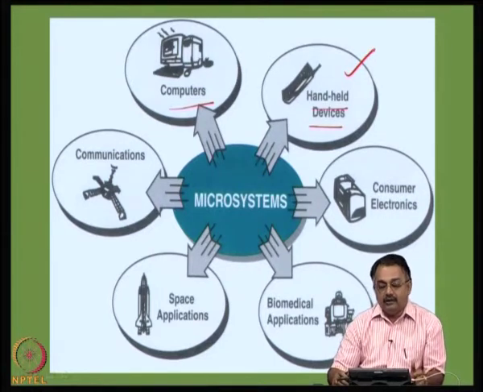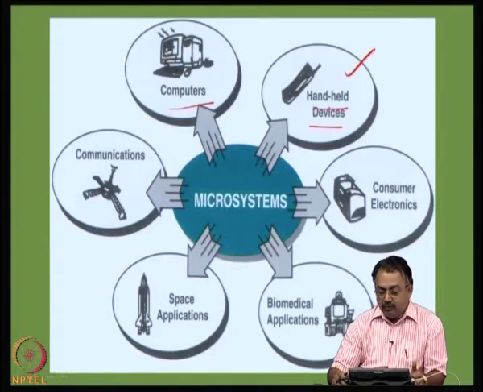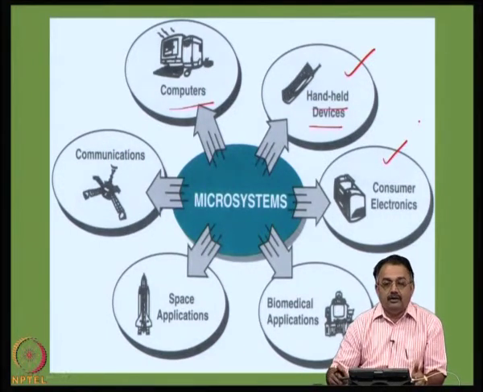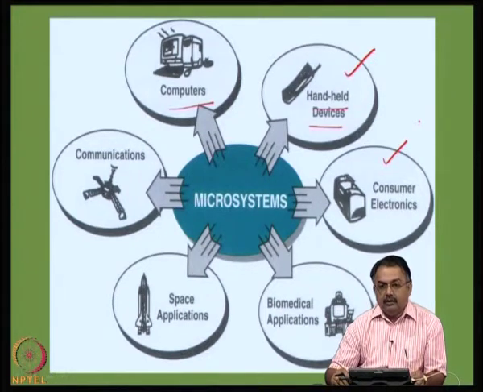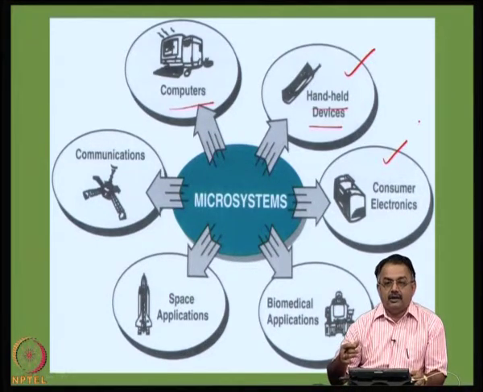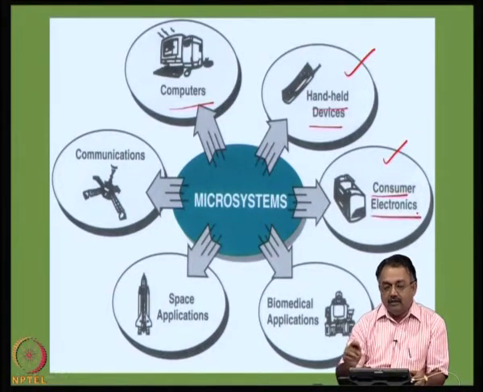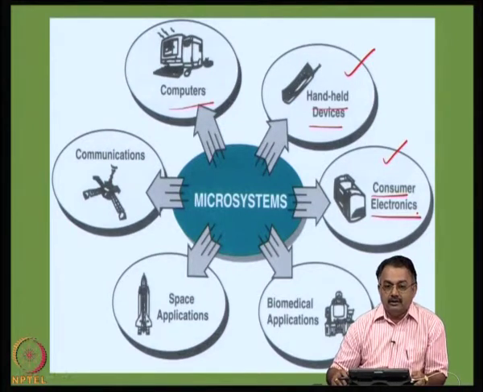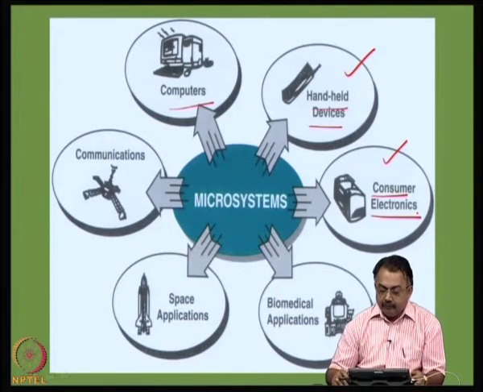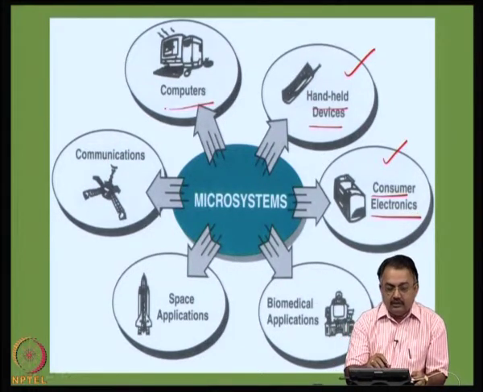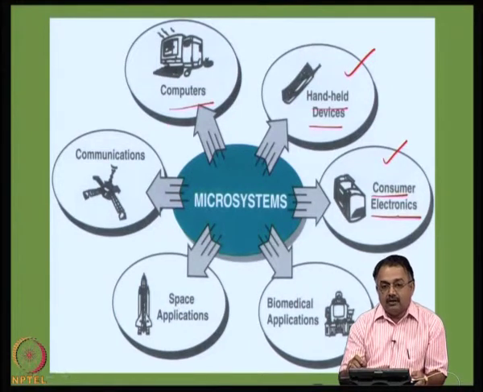Consumer electronics will look at various things like your printer, your washing machine, your audio devices, video systems, all that is required for the household, where the percentage of electronics is very small. There is a lot of mechanical or electromechanical components in this, and the reliability conditions for each of these computers or the handheld devices or consumer electronics is going to be different.